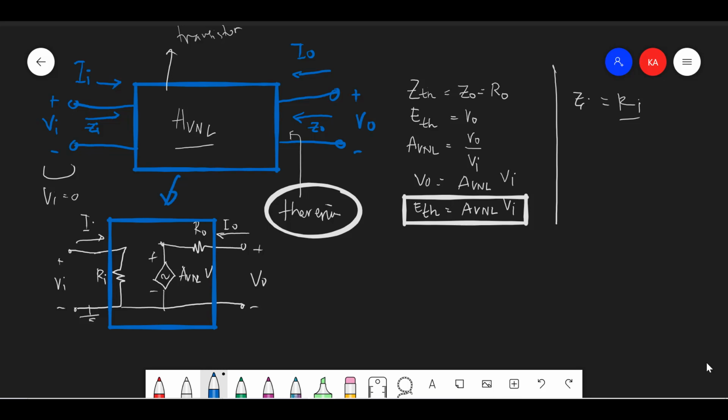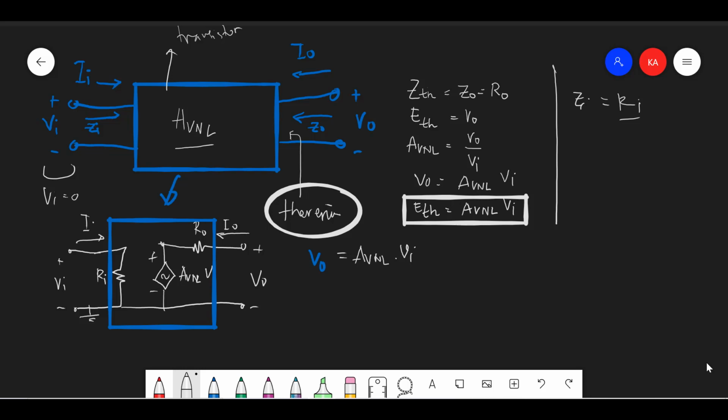So, okay, and then from here we see that we can calculate the VO. VO is equal to AVNL·VI. AVNL is the voltage gain no load, times VI.